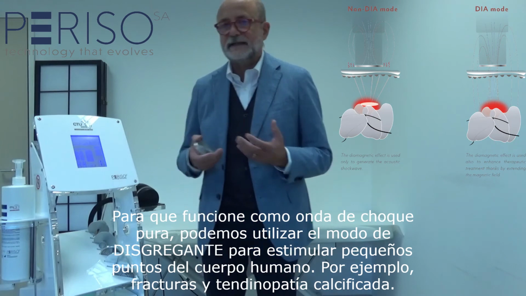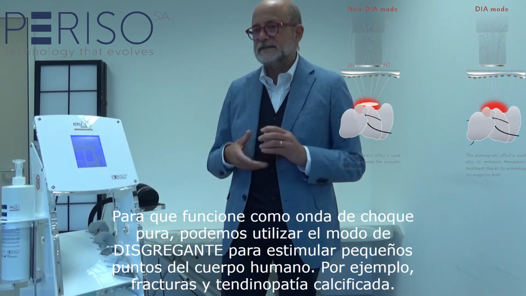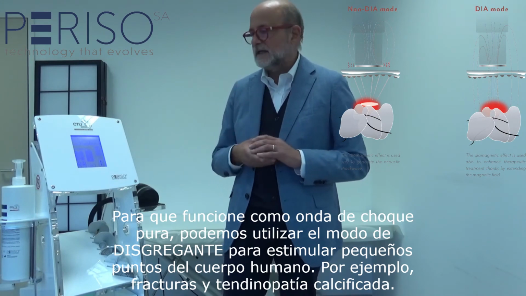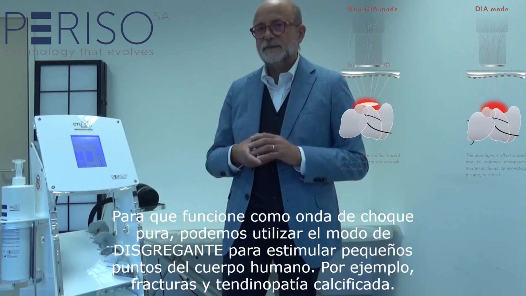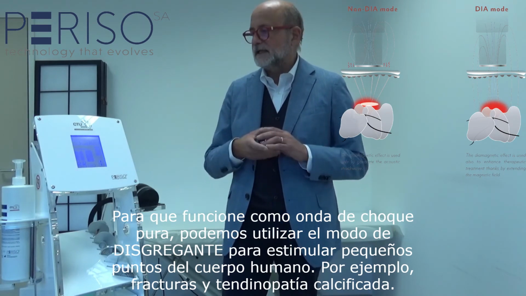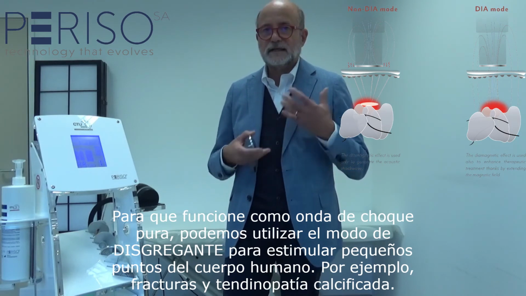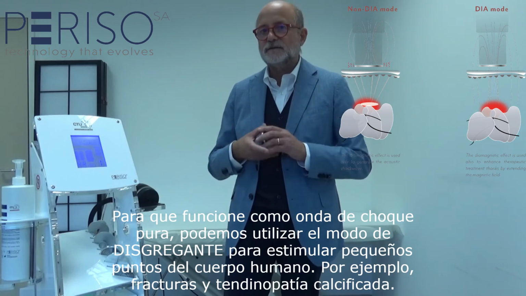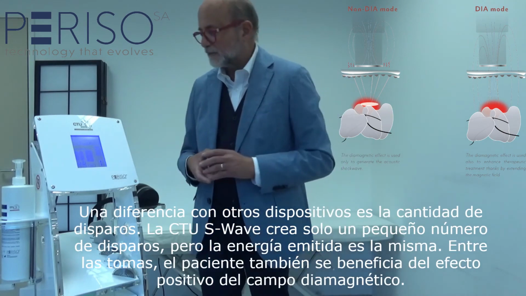This means that I have a narrow shock wave that is more effective to treat selected little points inside the body, as for example the focusing in the rim of fractures or in calcific tendinopathy of the shoulder or in nerve spurs as examples.